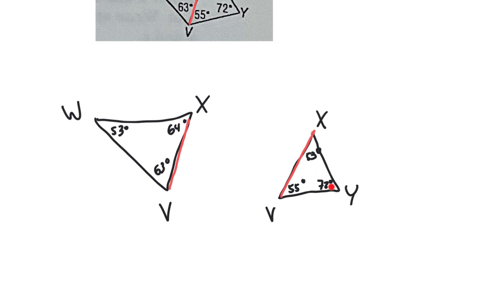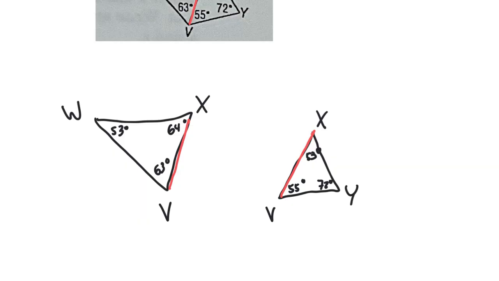Because it's across from the 72. Yet, this red shared side is the shortest side of this triangle. So this triangle must have a longer long side. I mean, that's one way of thinking about it too. Okay.